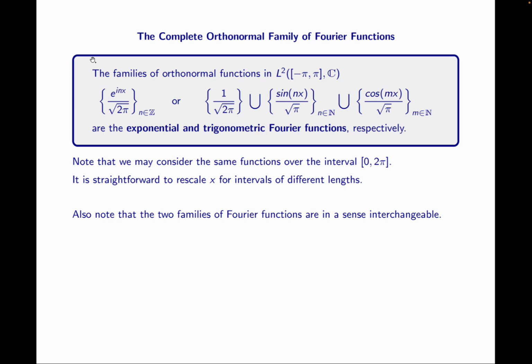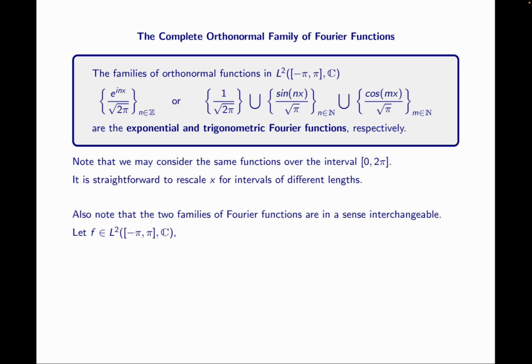Also note that the two families of Fourier functions are interchangeable. So I've offered two families of orthonormal functions: this exponential family of Fourier functions and this family of trigonometric Fourier functions. But they're interchangeable, in this sense.